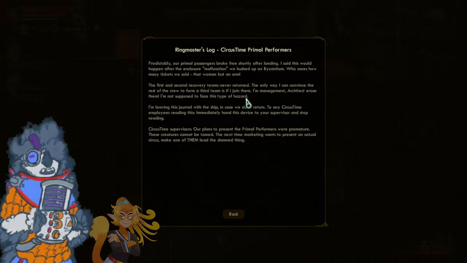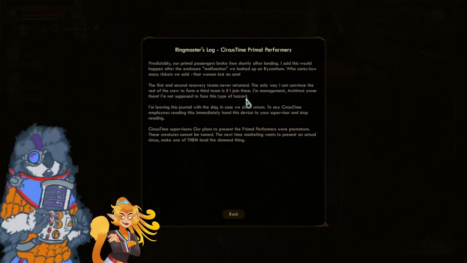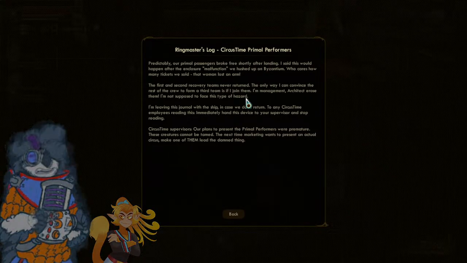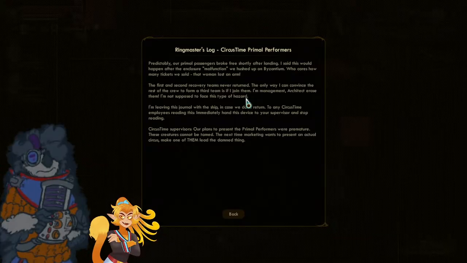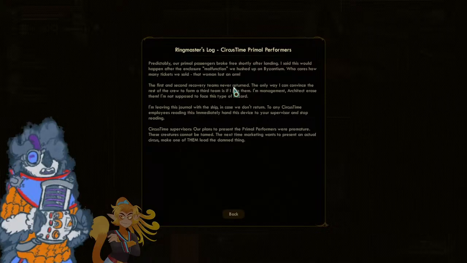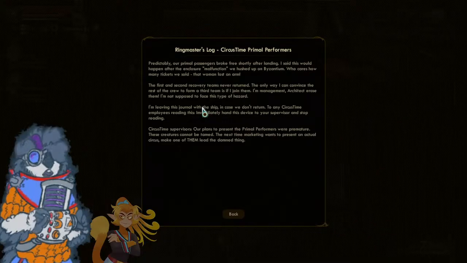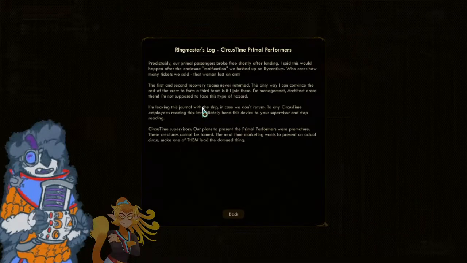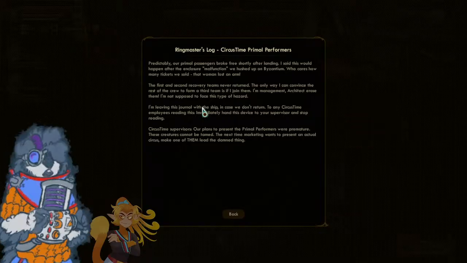Our primal passengers broke free. Who put primals, which are the giant ape-looking ones, on a ship for entertainment? Oh, that sounds like a great idea. And the malfunction we hatched up on Byzantium. Here's how many tickets we sold. The woman lost an arm. The first and second recovery teams never returned. The only way I can convince the rest of the crew to form a third party is to join them.